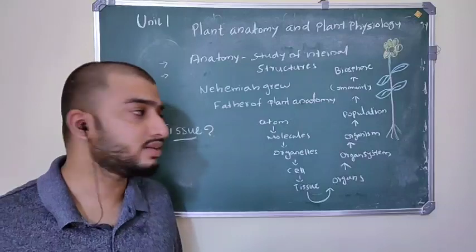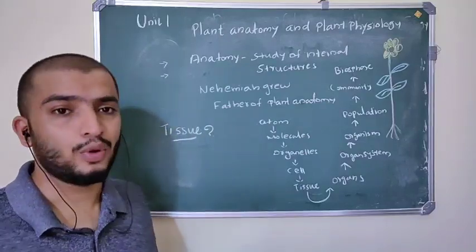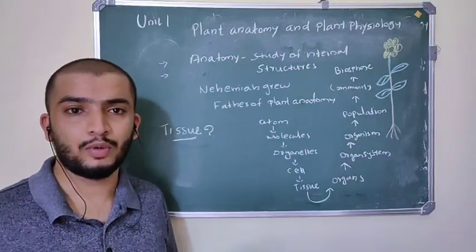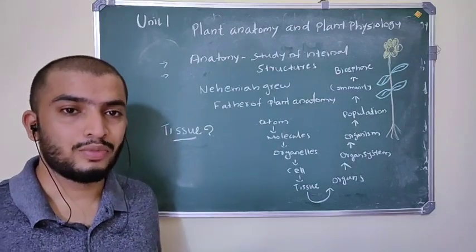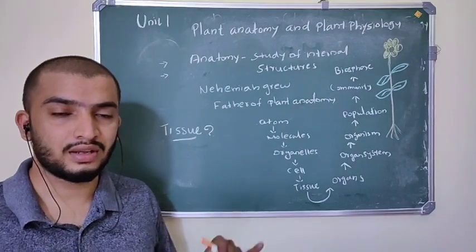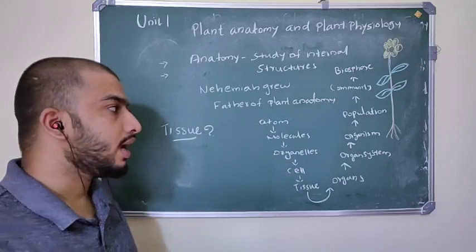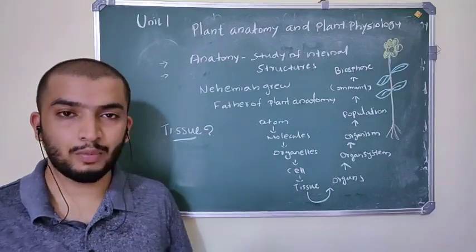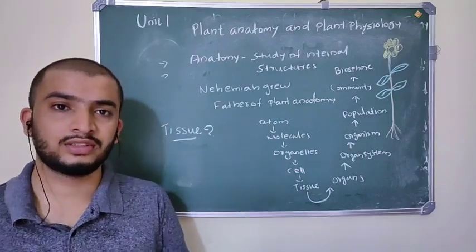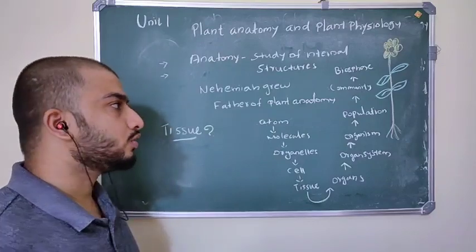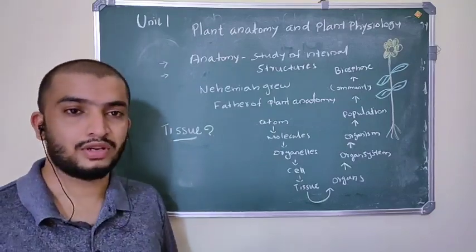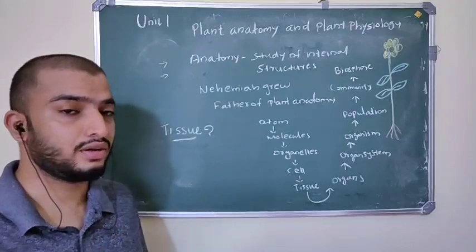Organ systems form an organism, and organisms form a population. Population means, for example, only humans found in an area, that is the human population. And community: many populations, humans, dogs, cats, form a community. So many communities finally form the biosphere. You will study these things in higher classes.